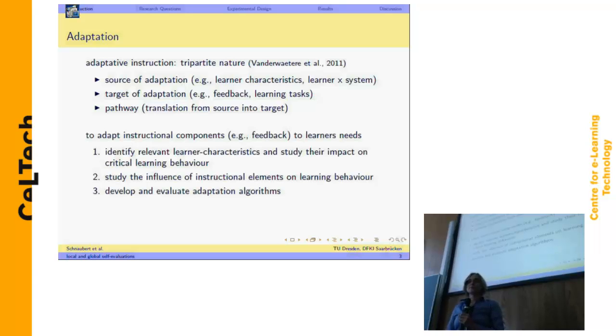So to adapt instructional components such as the feedback, we need to answer a few questions. One of them being to identify these relevant learner characteristics and study their impact on critical learning behavior. But of course we also need to look at the influence of the instructional elements, or in our case feedback, on the learning behavior and their interaction to develop and evaluate adaptation algorithms.